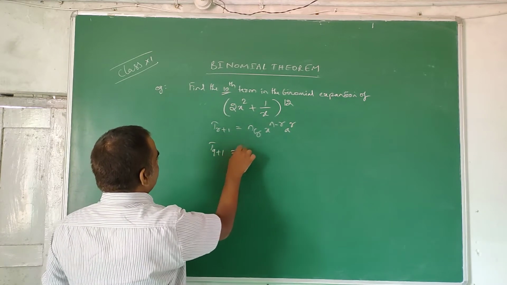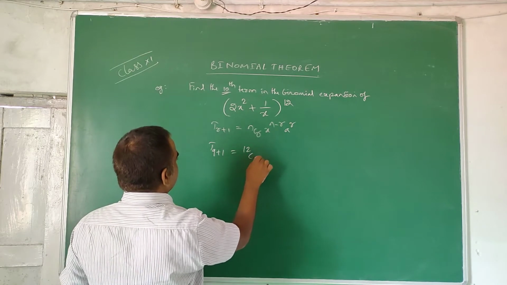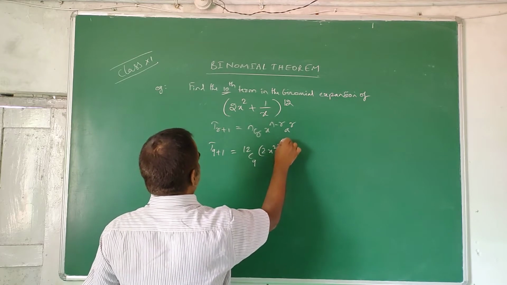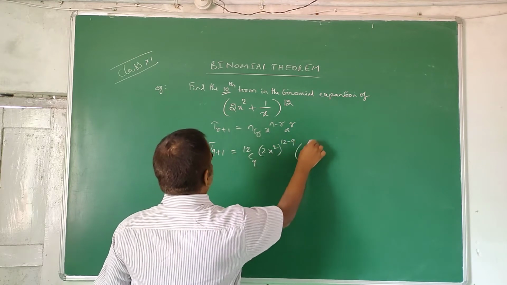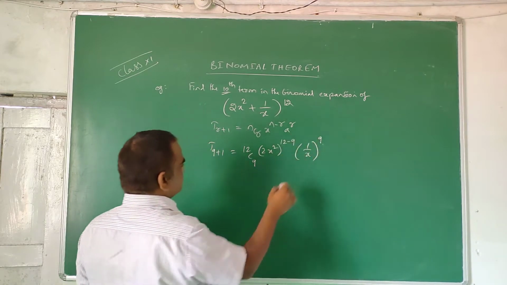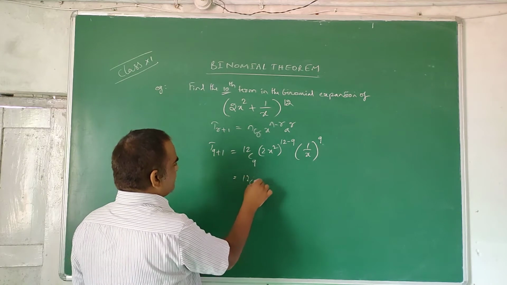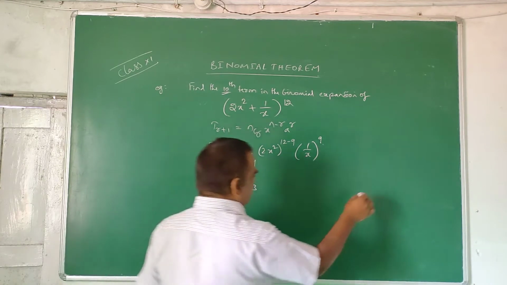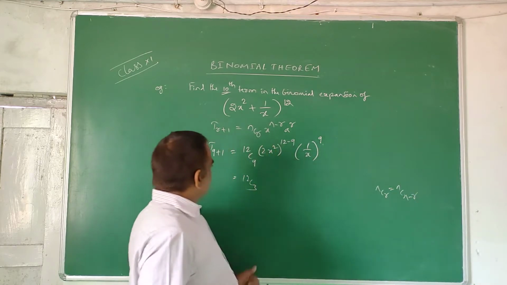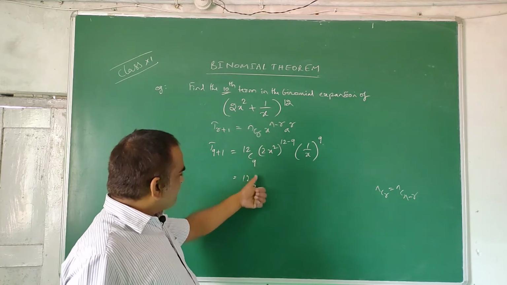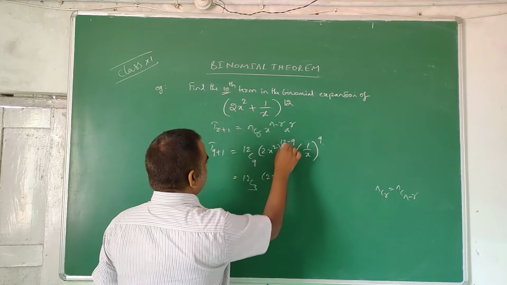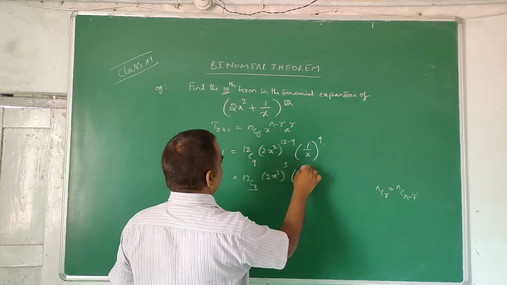So T 9 plus 1 equals 12C9, (2x square) whole to the power of 12 minus 9, (1 by x) whole to the power of 9. 12C9 is equal to 12C3 because nCr equals nC(n minus r). So 12C9 equals 12C(12 minus 9), which is 12C3. So (2x square) to the power of 3, 1 by x power 9.